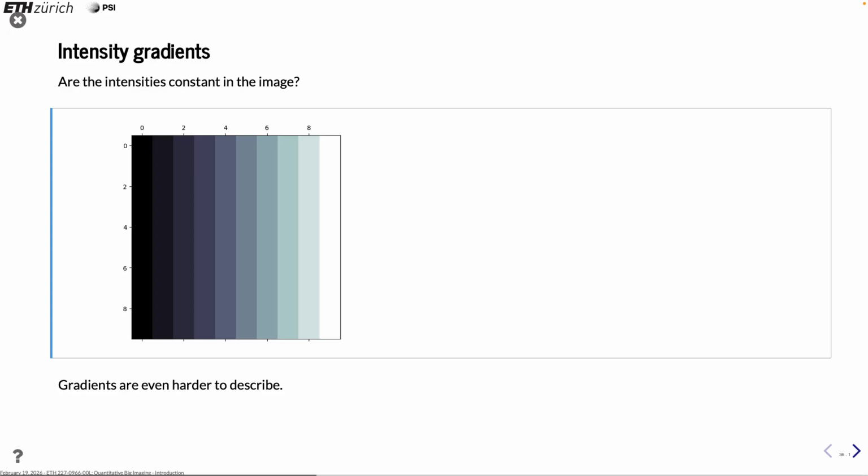So again, why quantitative? A classic example is that human eyes are not always so good, because if you look at these two images and try to tell me which of the inner center squares is the brighter one, the intuitive answer would be that this one is the brighter one. Truth is, actually, they have exactly the same gray level.